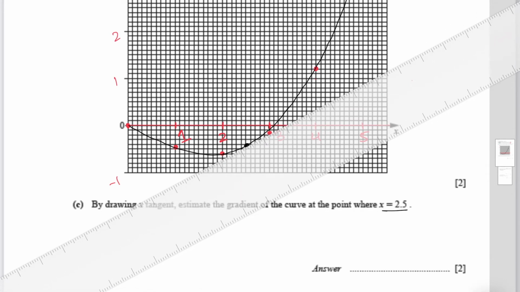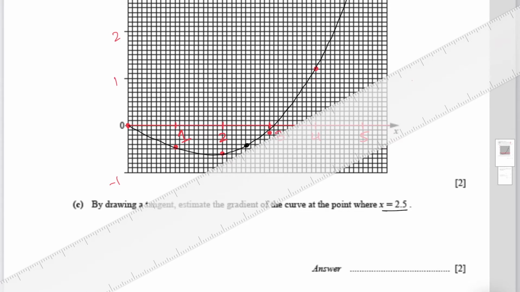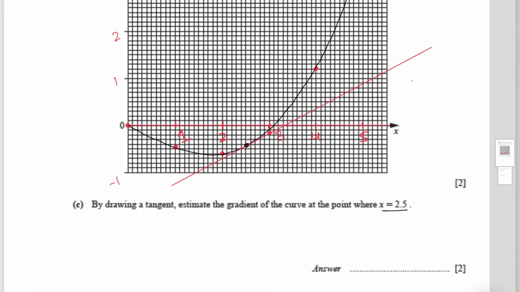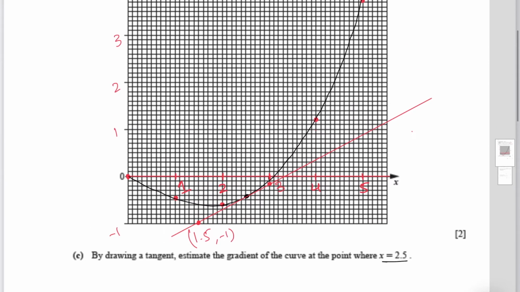Okay, so to make things simpler, I will draw the line from this edge of the graph to this edge of the graph. So I have a point over here. The value of this point, let's say it's 1.5 and negative 1. And the value of this point over here is 5.5 and let's see what the other value is, 1.1.